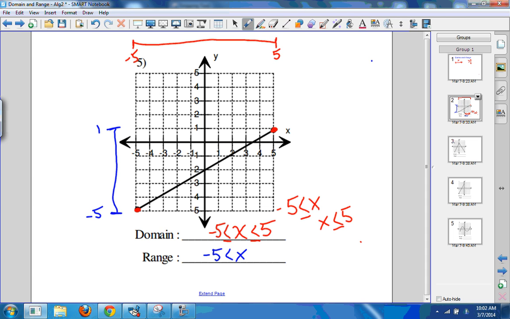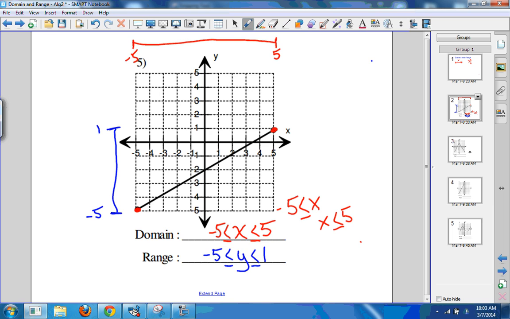Oh, I messed something up there too. This is the range, so that is Y. So our Y values are greater than -5. Also, they are less than 1. So they're between -5 and 1. And they do include -5 and 1, so I need to put my marks below those inequalities to show that -5 and 1 are included.